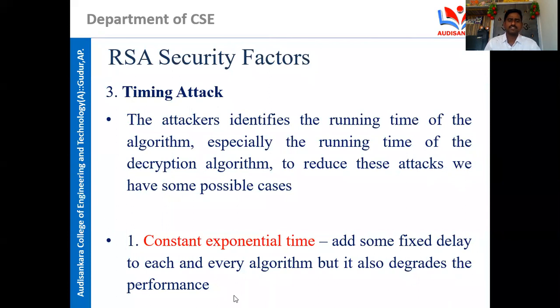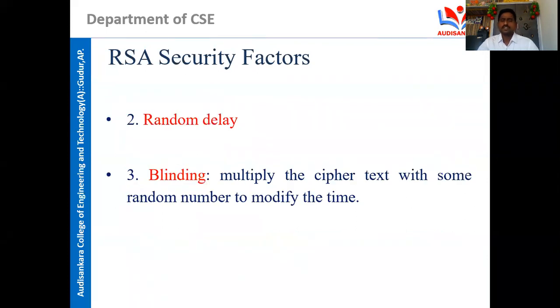So we add some fixed delay to each and every run of the algorithm, but it also degrades the performance. We are trying to avoid the attack, but the problem that arises here is that the performance will be reduced. So unnecessarily we are making that delay. Here the performance comes down. That is the first case.